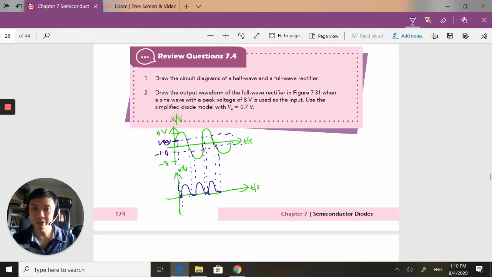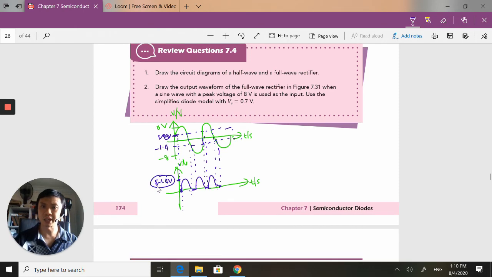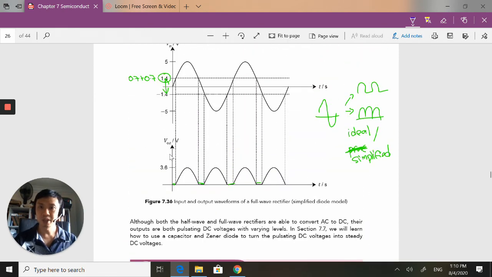Now the output is not going to be 8 volts. The output is going to be 8 minus 1.4 volts. So take note of this. I don't think I told you this previously. If you notice, if I start off with 5 volts here, after dropping 1.4 volts, my output signal will not be 5, it will be 3.6.